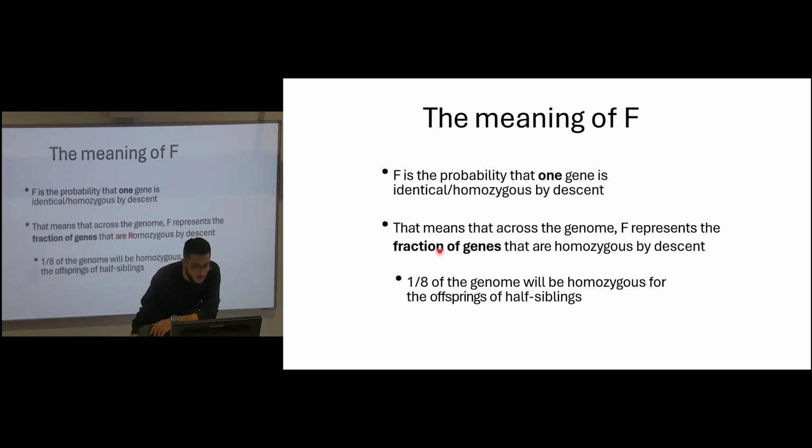So when we're looking at a full genome, F represents the fraction of genes that are homozygous by descent, okay? For half siblings, this ratio here is 1/8. So if they mate together, 1/8 of their genome will be homozygous, and you can see how this is a big problem in terms of diseases, okay?